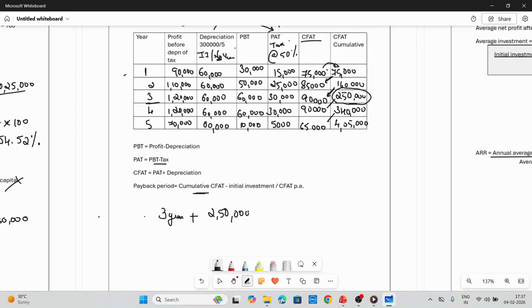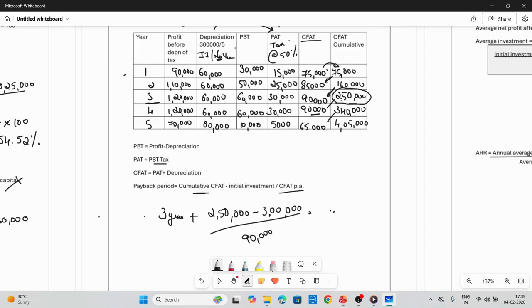2,50,000, it's nothing but third year CFAT, the nearest number to the 3 lakh, minus 3 lakh. This is nothing but initial investment, divided by CFAT of next year. That means 90,000, fourth year CFAT. What's the difference between 2,50,000 and 3 lakh?